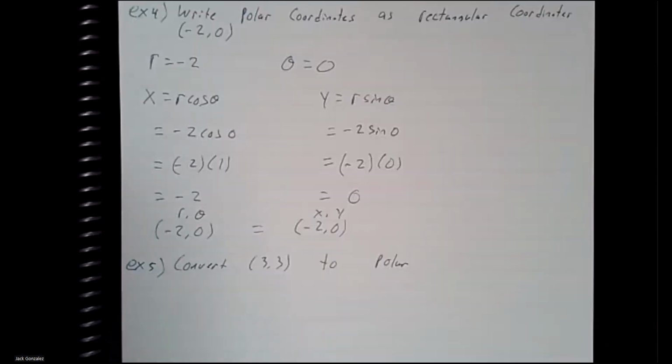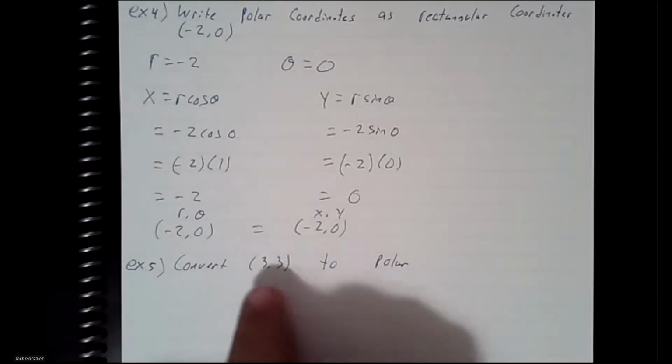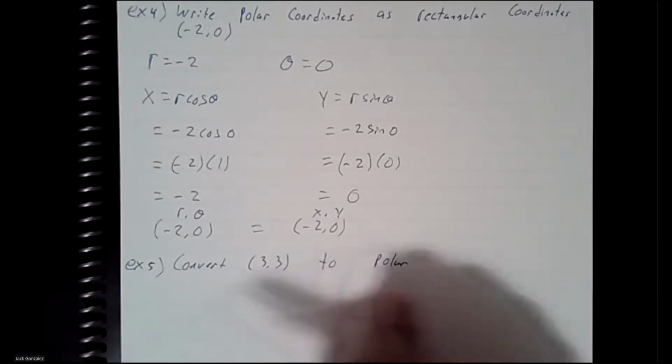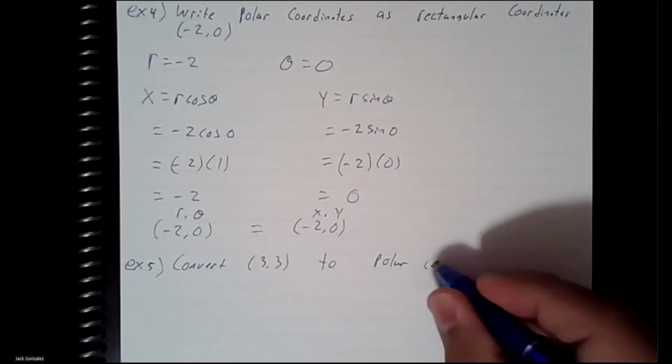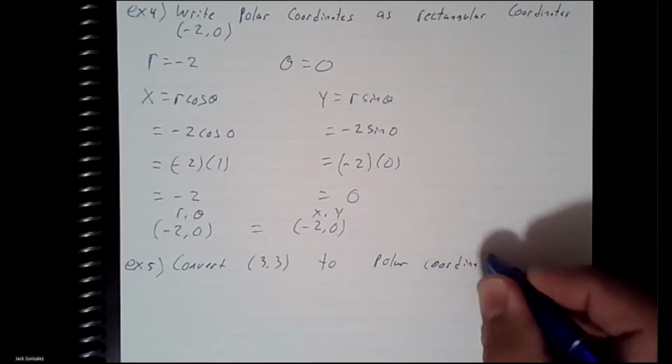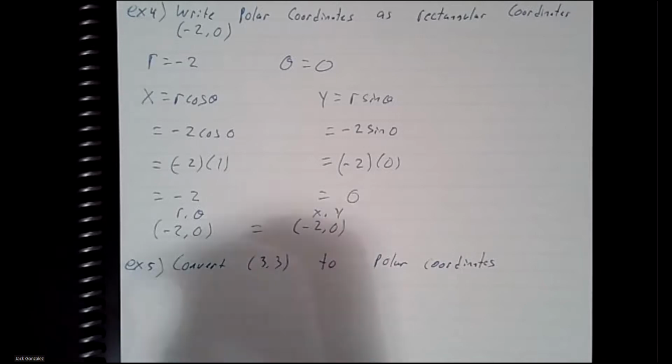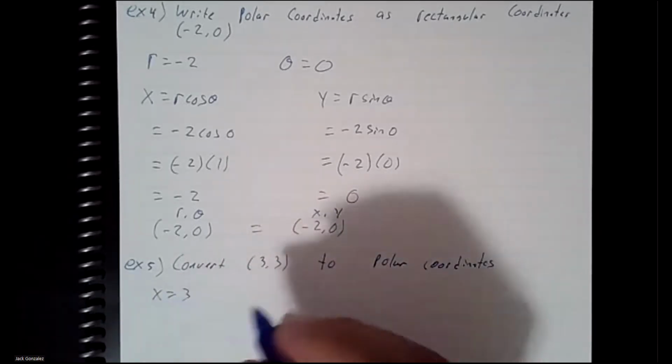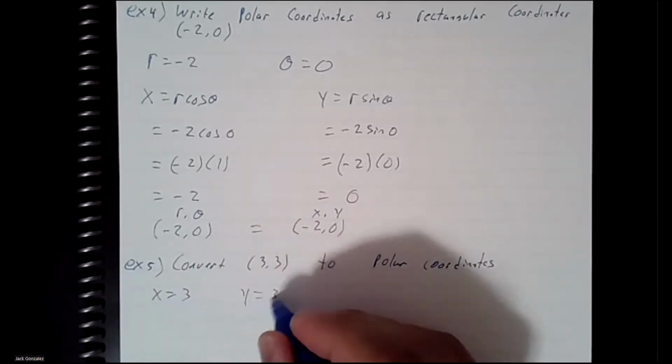Okay, now let's go the other direction. Let's convert this Cartesian or rectangular point 3 comma 3 into polar coordinates. So x is equal to 3, y is equal to 3.